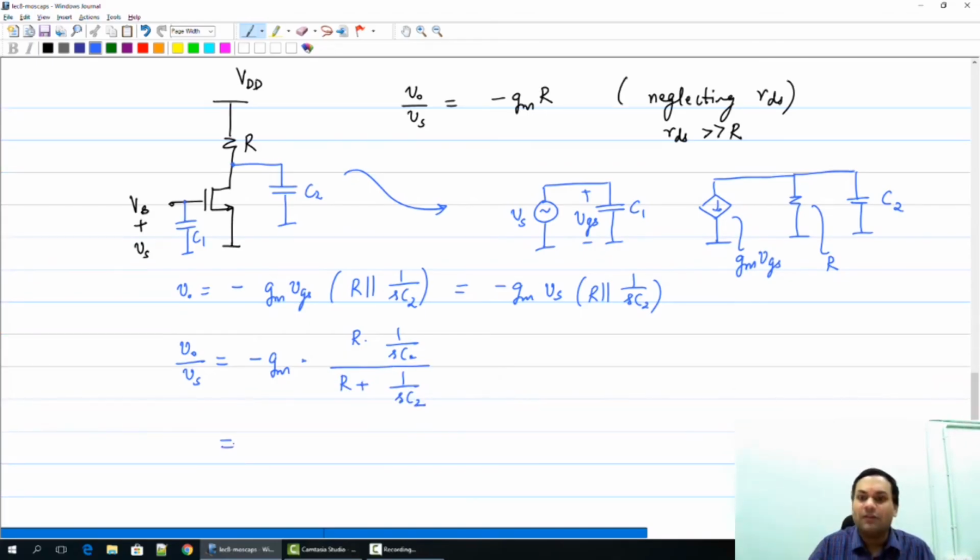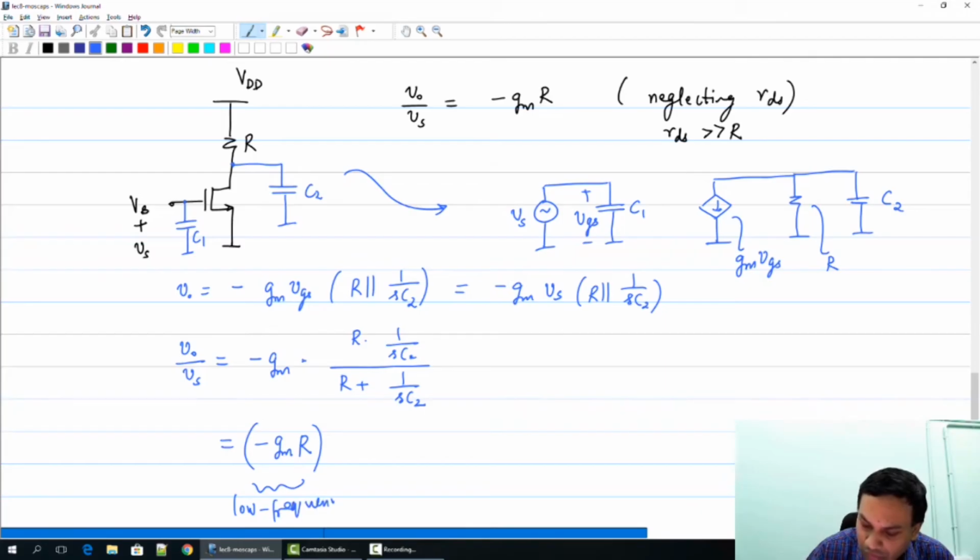and this can be further simplified in the following fashion. I am going to write it in two steps. The first portion is the small signal gain of the circuit in the absence of capacitances. In other words, it is the low frequency or DC gain of the circuit. So it's often called DC gain, even though it is not at DC.